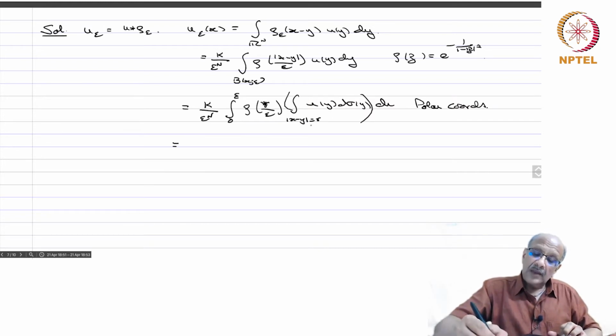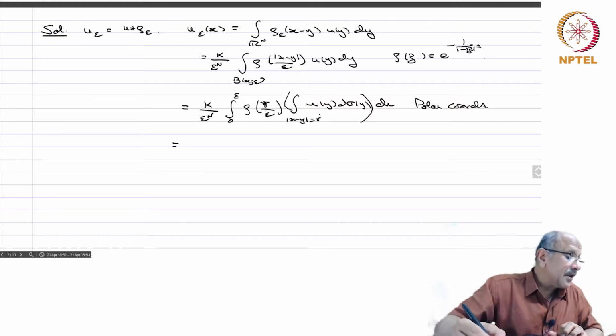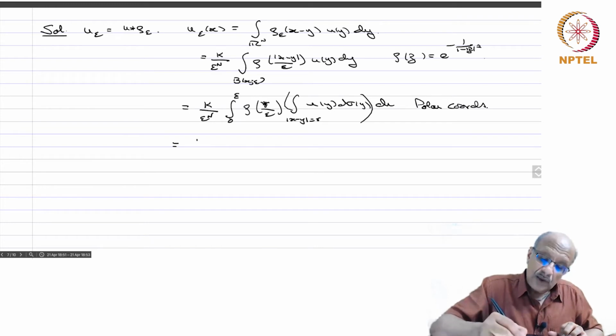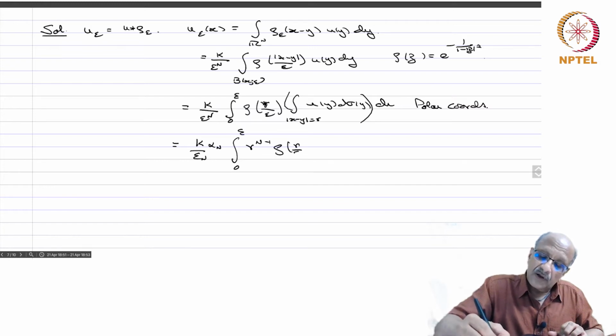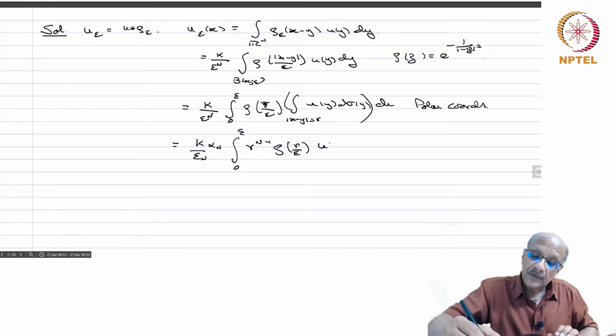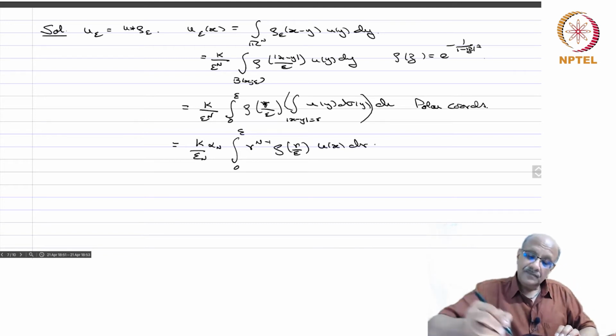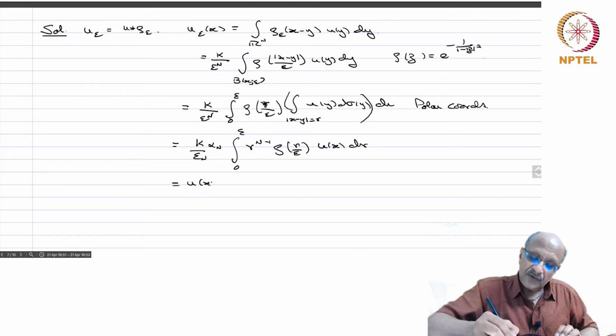But u is harmonic, so it has the mean value property, and therefore this is equal to k by epsilon power n. So this will be alpha n of r, integral 0 to epsilon of r power n minus 1 rho of r by epsilon times u of x dr, and that is equal to u of x into k by epsilon power n.